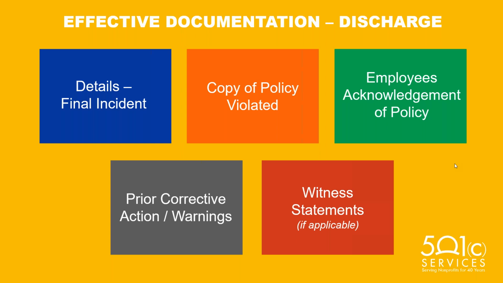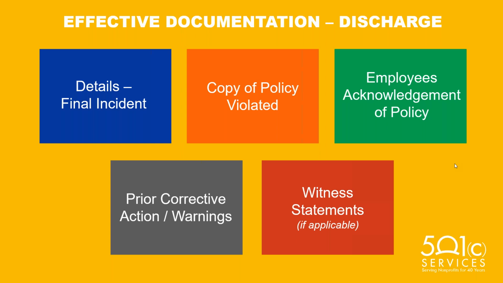Don't even bother mentioning that stuff because it's irrelevant. It did not impact your decision to terminate them. It's whatever the final incident was that you said, it's time to terminate their employment, okay?